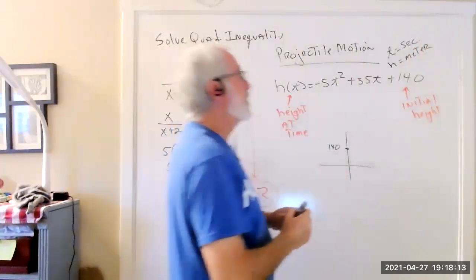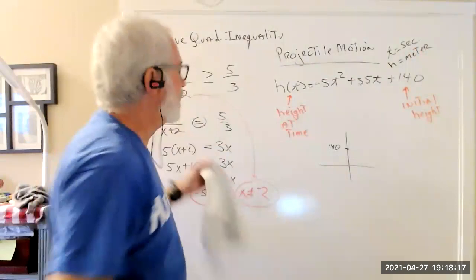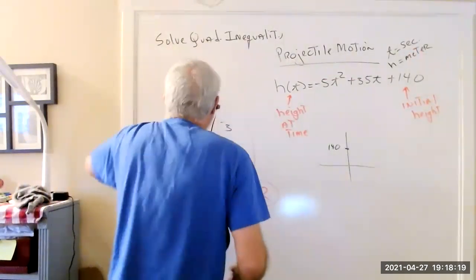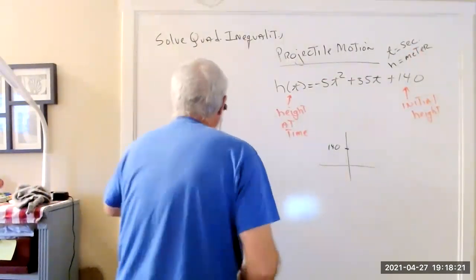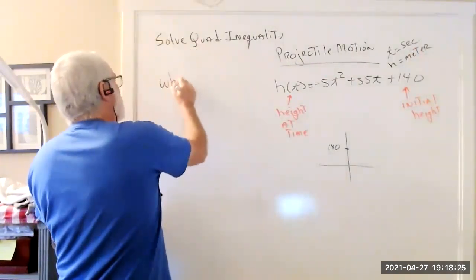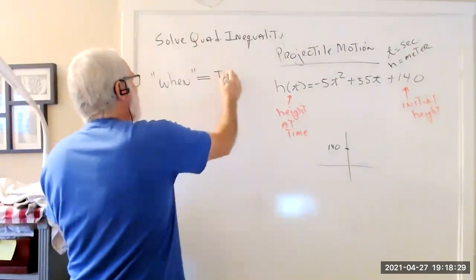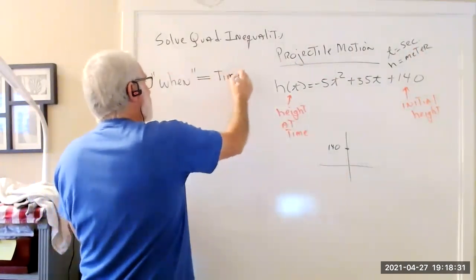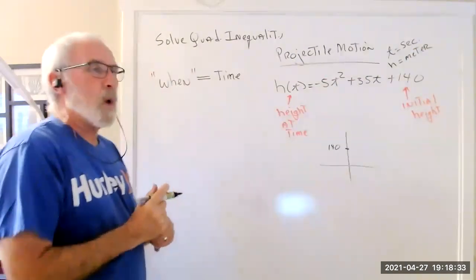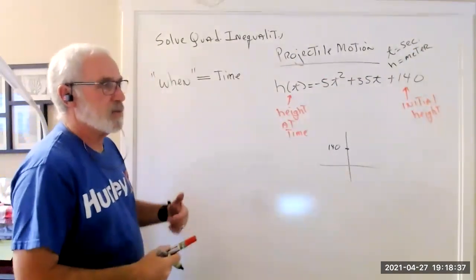There's another thing you need to know, which is the English word. In this context, the word when, W-H-E-N, implies time. So when is the rocket at a certain height means find the time.